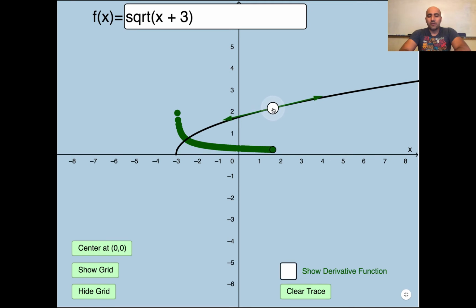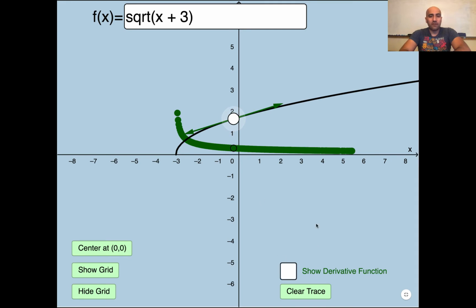So it's just going to be positives all the way through, and they're just getting smaller and smaller, right? It's getting less and less steep. That means that the derivative function is going to get closer and closer to 0, right? It's approaching a horizontal line, getting infinitely close to a horizontal line, but never quite reaching it. Okay, so that's what the derivative function looks like.